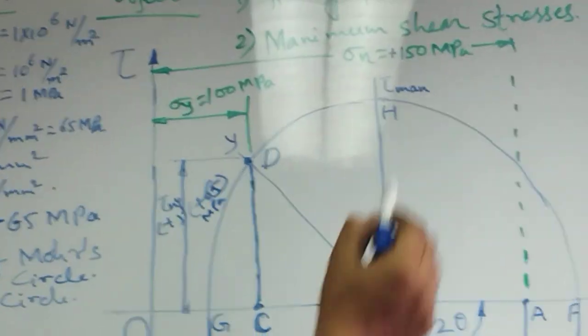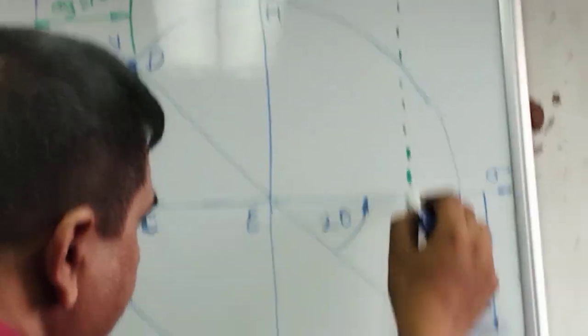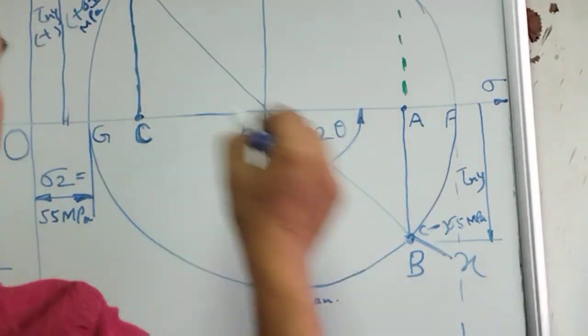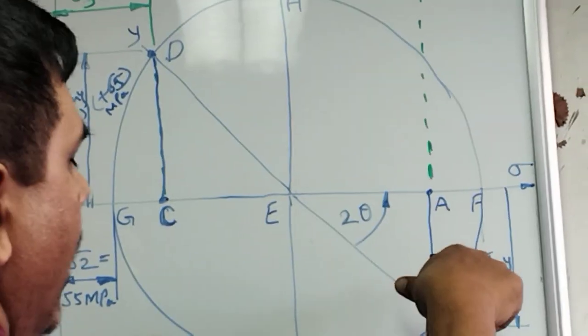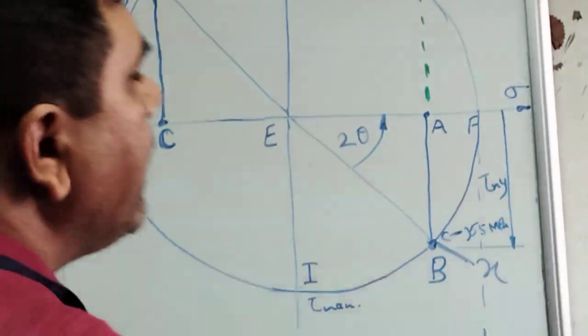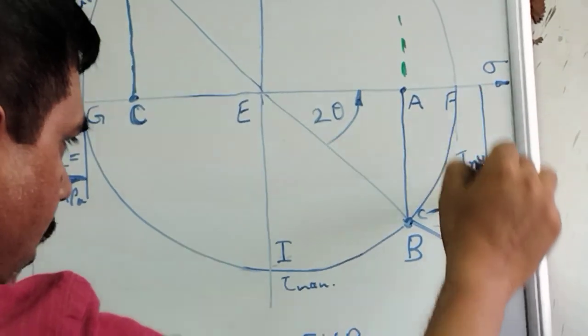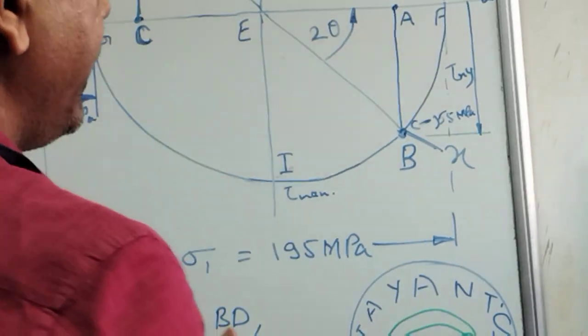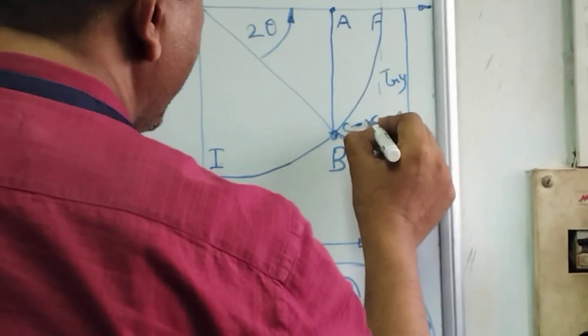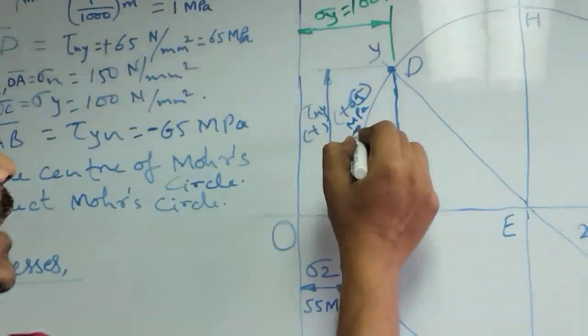Now the vertical lines are drawn downwards and upwards. The downward vertical line shows the shear stress tau, 65 megapascal, and on the left-hand side the upward direction is positive 65 megapascal.